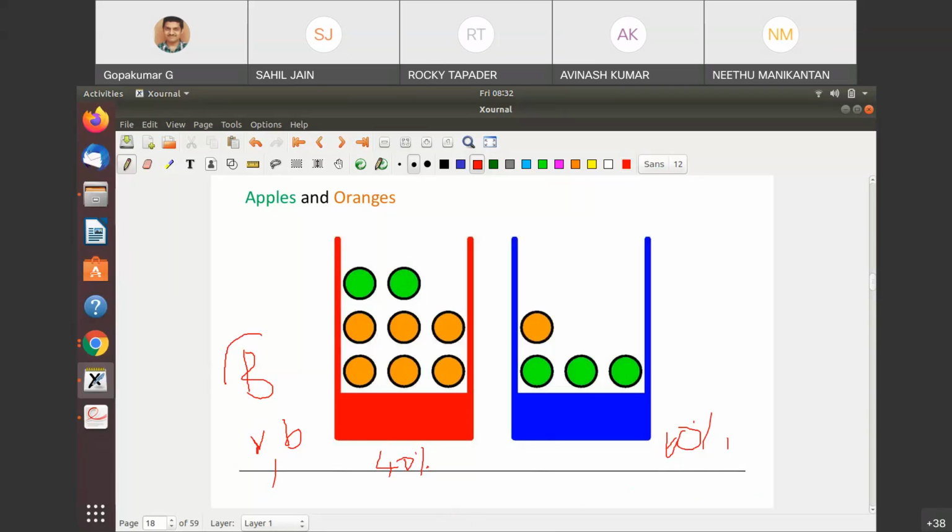So that is about the random variable B. Similarly, we can define another random variable, say F, which corresponds to fruit. That can take again two values, either an apple, A, or an orange, O. So these are the two values that can be taken by the random variable F.